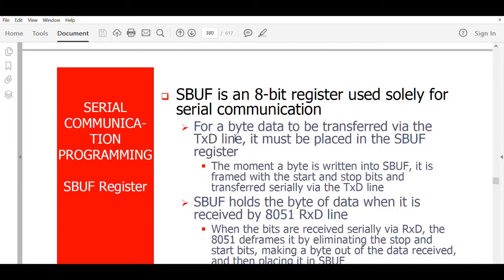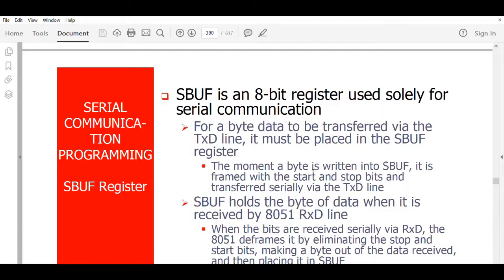For a byte of data to be transferred via the transmit line, it must be placed in the SBUF register. If you want to send data through the transmit line, it should be placed in SBUF.